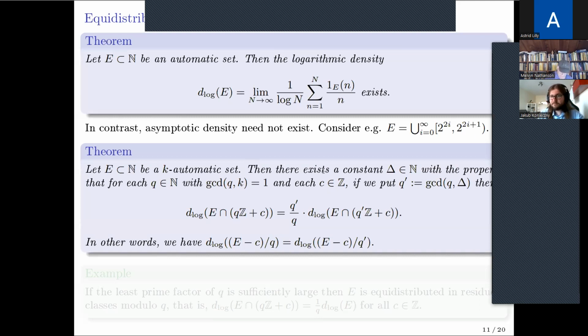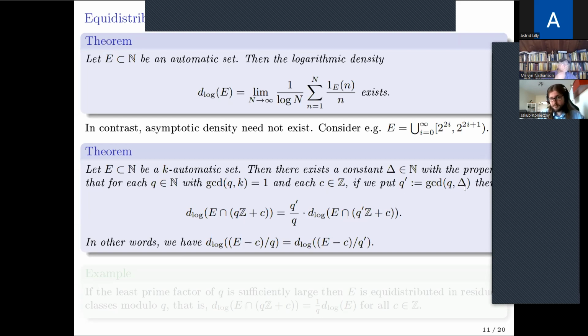So in other words, we claim that there's an integer delta such that for each modulus q, which for technical reasons we need to be co-prime to k, if we want to compute the density of E restricted to a residue class modulo q, it's up to scaling the same as the density of E in the residue class modulo q prime, where q prime is the greatest common divisor of q and delta.